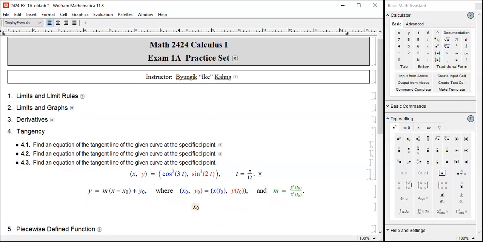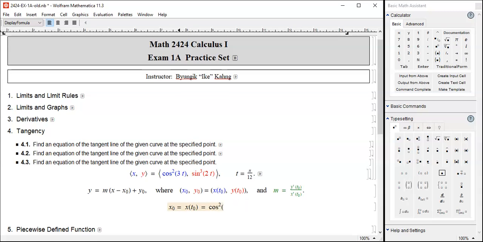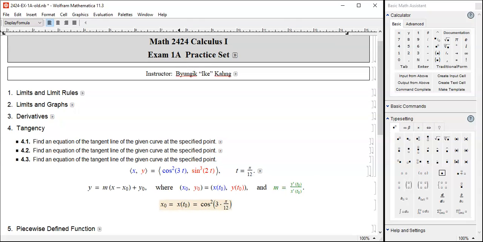Let's go ahead with x0. What is x0? X of t0. That is cosine squared of 3 times pi over 12.